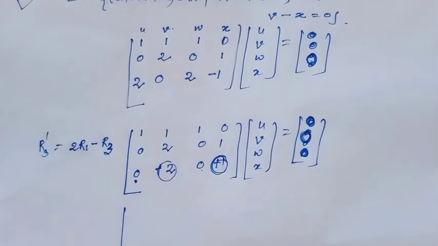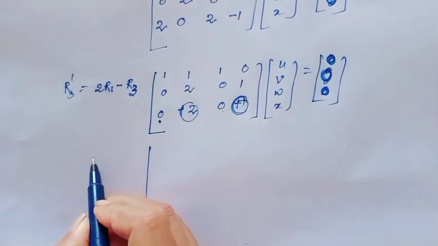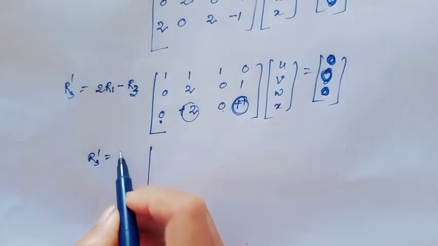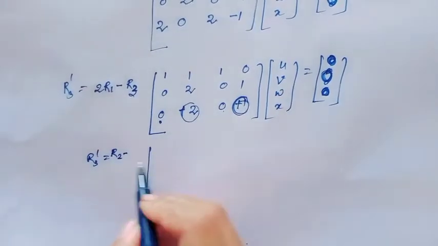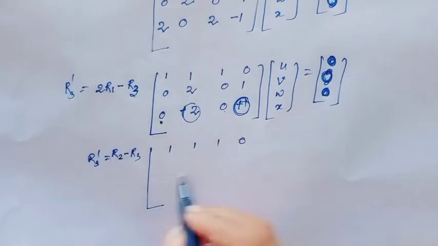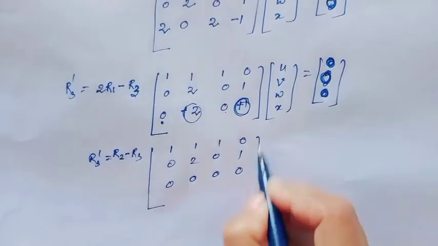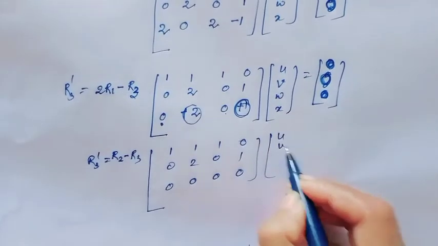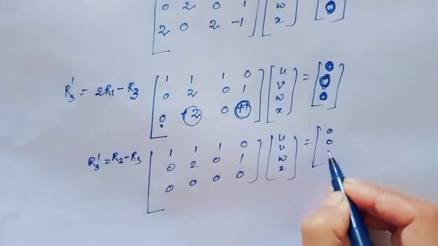Now notice the second row. Then R3 dash equal to R2 minus R3. Then this would be 1, 1, 1, 0; 0, 2, 0, 1, and 0, 0, 0, with the vector U, V, W, X and the image 0, 0, 0.